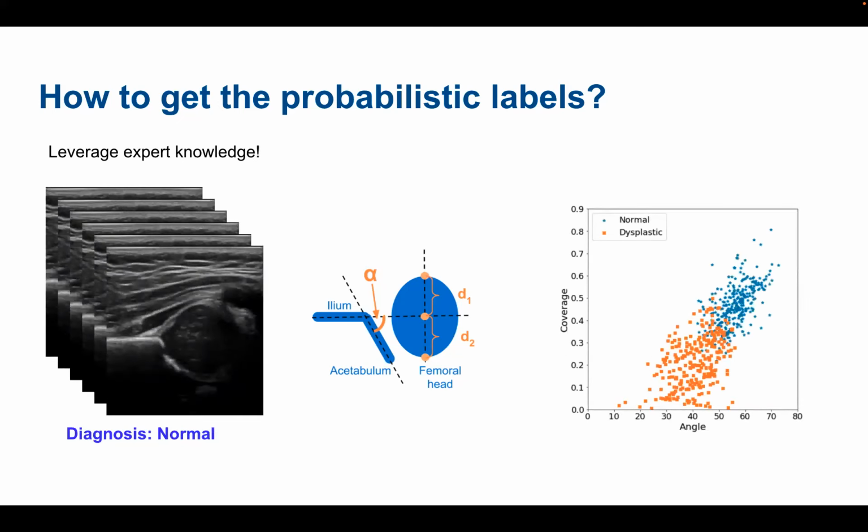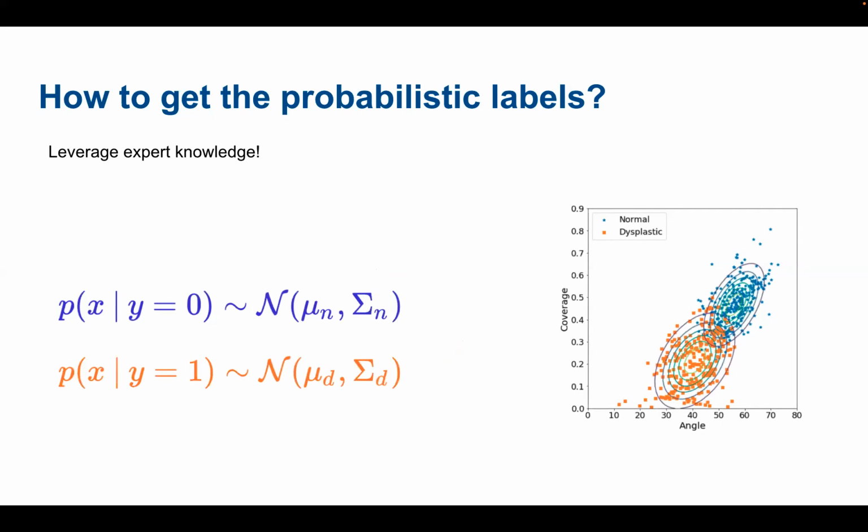Then you do the same for the normal people. The people whose hip was classified as normal, you take them, you make the measurements, and you compute those things. Then you put something called a probability distribution on top of that. If you are familiar with it, this is a Gaussian probability distribution. If you are not, just identify that we have 2 sets of ellipses, and each one has a center.